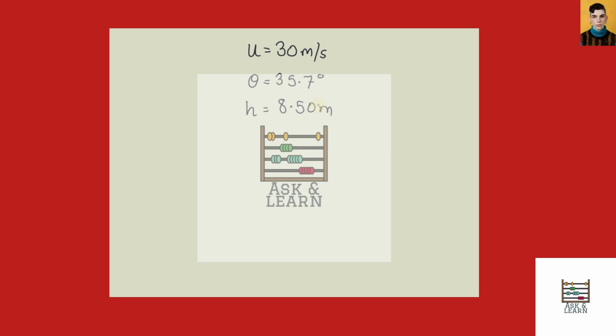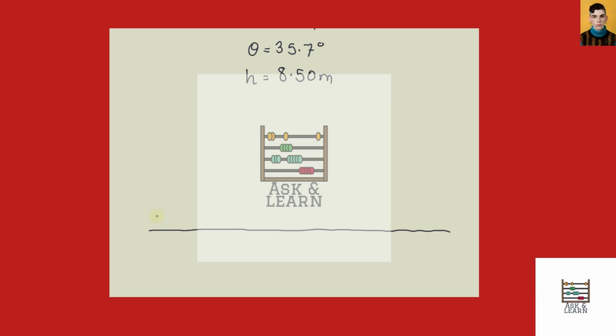Now let us see what the problem is about and then we will try to solve it. So this is the ground, and this is the horizontal. From here the baseball is hit. It will take this trajectory and hit the ground somewhere over here.